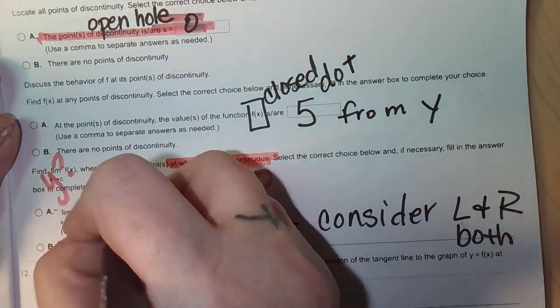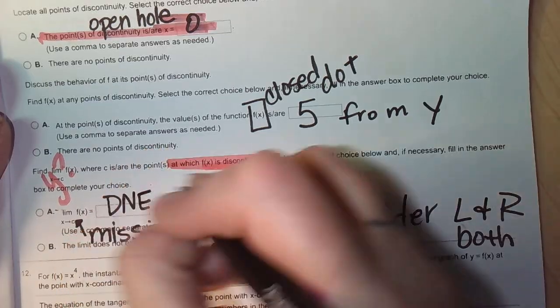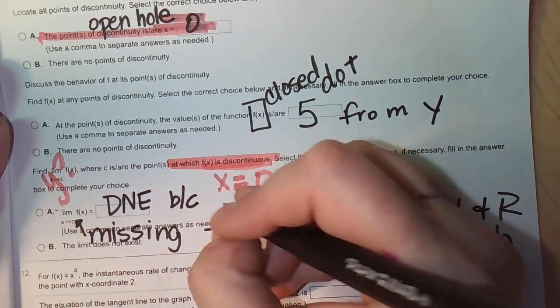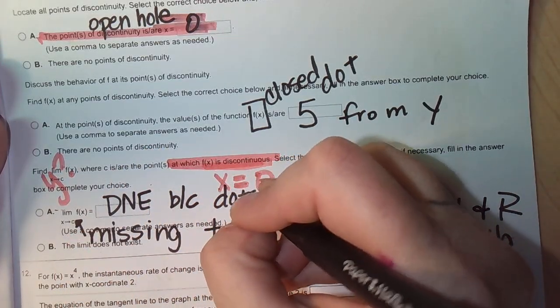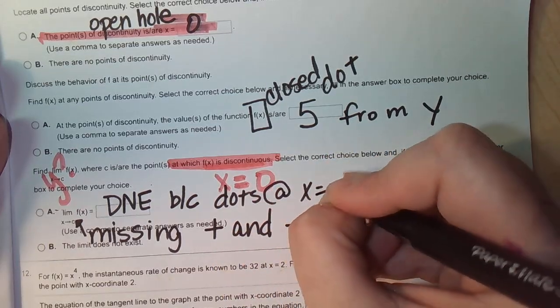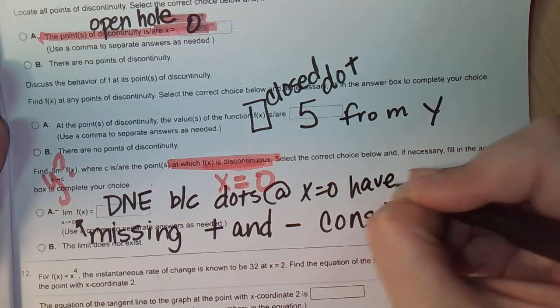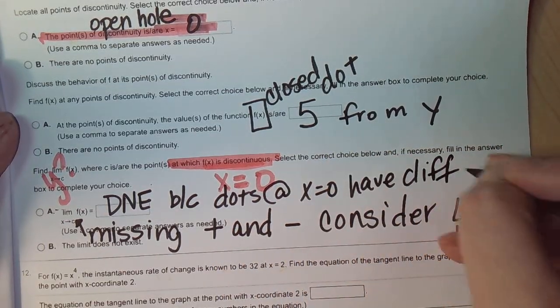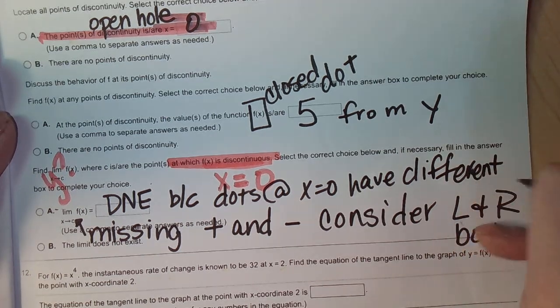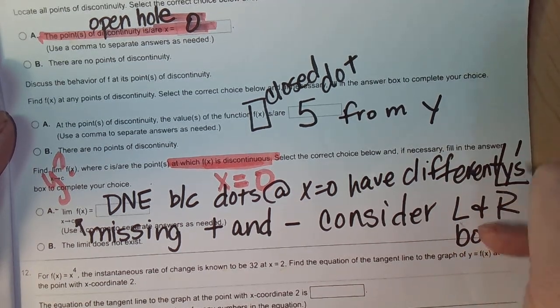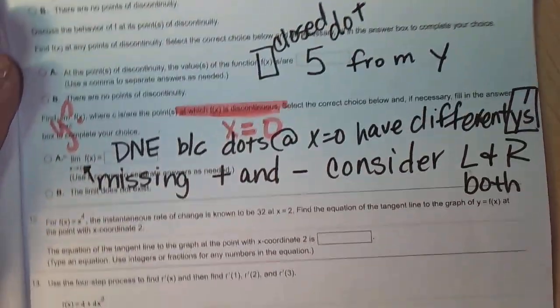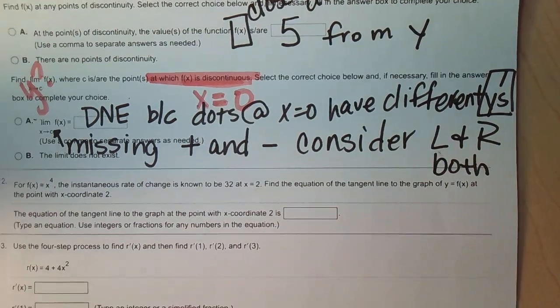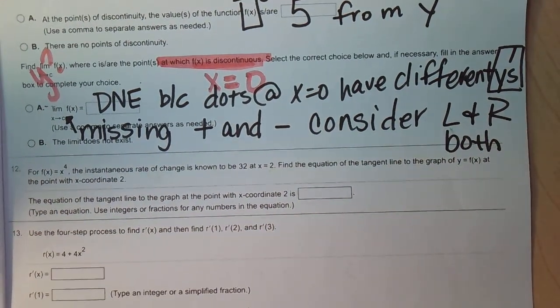So this is going to be does not exist because the dots at x equals 0 have different y's. And you don't have to write these words on your test. I'm just doing it for the sake of your learning. Okay.